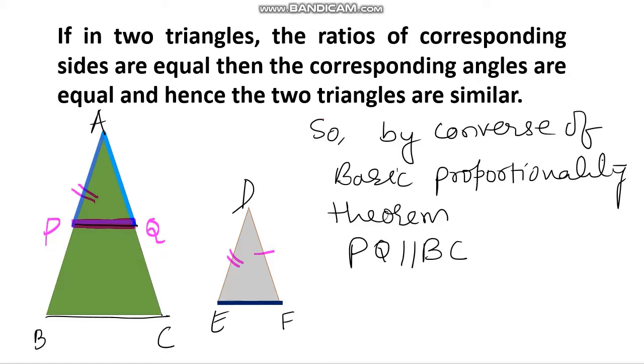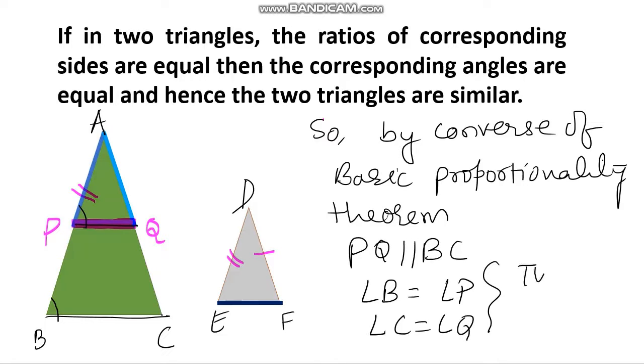Now, if PQ is parallel to BC, you see here children, angle B and angle P form corresponding angles. So, angle B equal to angle P and angle C equal to angle Q because they are corresponding angles.